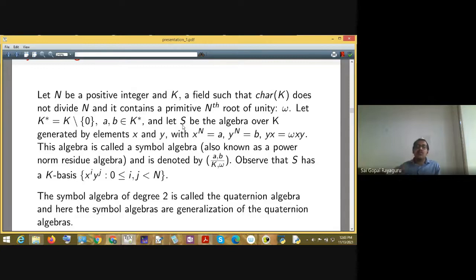So here also comes the non-commutativity property, because yx is equal to omega times xy.